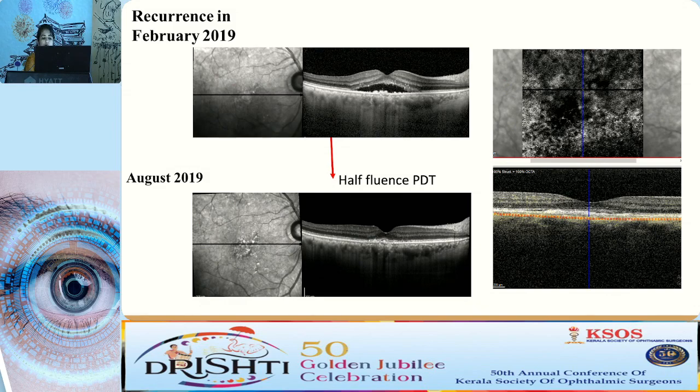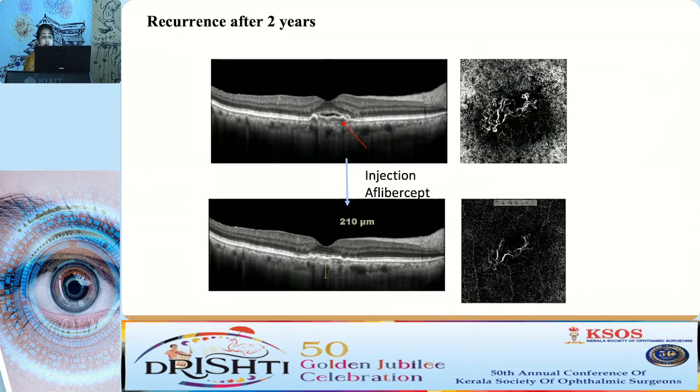At that point, considering chronic CSCR, a half-fluence PDT was done. The patient had good resolution and good improvement of vision. He remained stable for 2 years. After 2 years, in the same eye, the patient again had a recurrence, but this time a change in OCT features was seen. There is a flat irregular PED with a hyper under it. When a hyper under a PED happens, you have to be suspicious of a CNV.